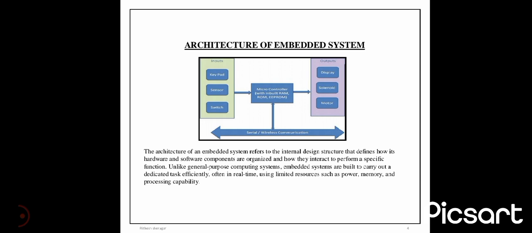Like sensor should send the feedback to the microcontroller through the serial communication, and it will receive which action need to be taken, and this will be controlled by the microcontroller, and the signal will go to the actuator through the communication channel. So communication channel is essential.